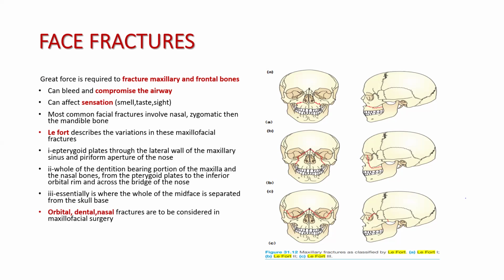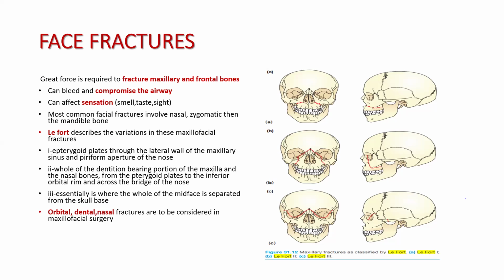The most common facial fractures involve the nasal, zygomatic, and mandibular bones. So Le Fort René described these variations in the maxillofacial fractures, but we might not always find this typical classification in our patients, but it is very common to find these patterns which were described by Le Fort.